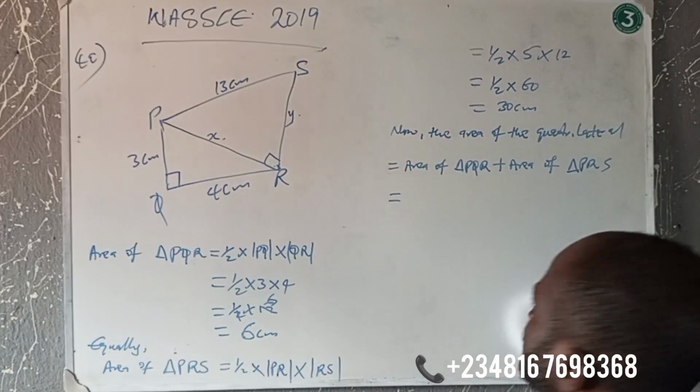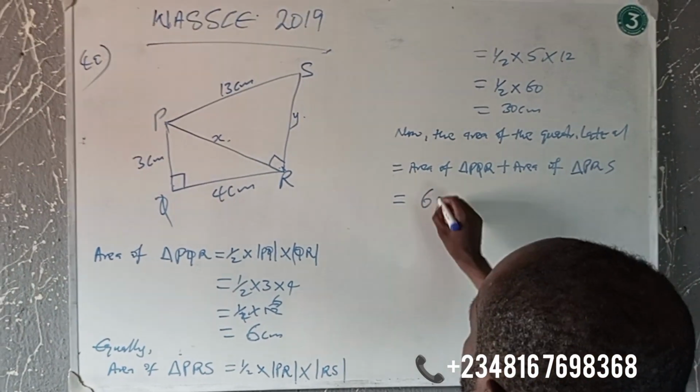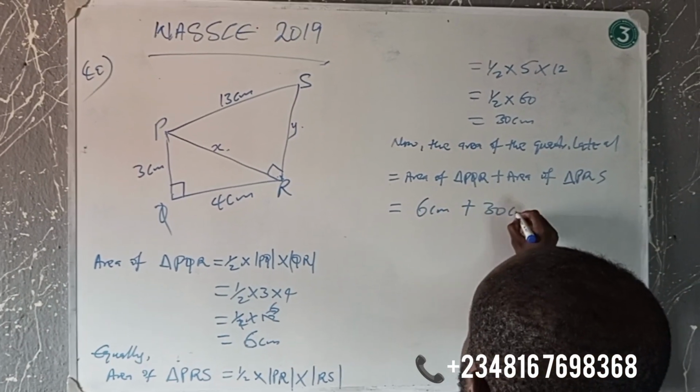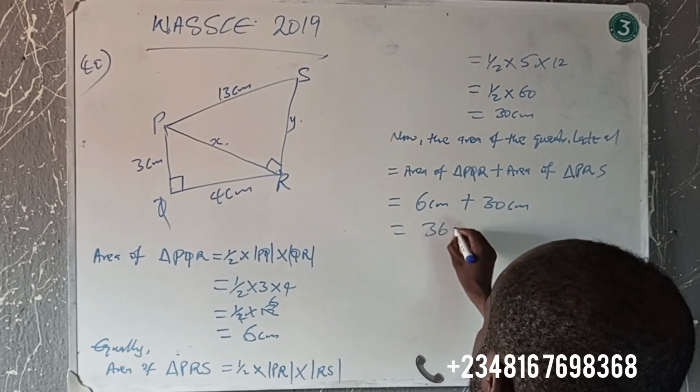That gives me 6 cm squared plus 30 cm squared. That is 36 cm squared.